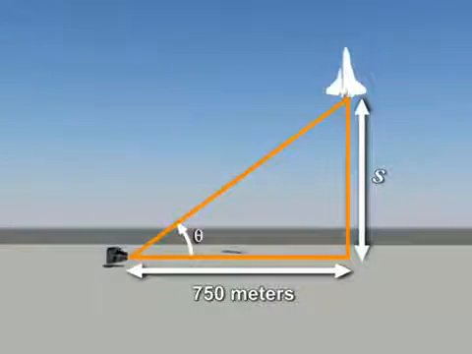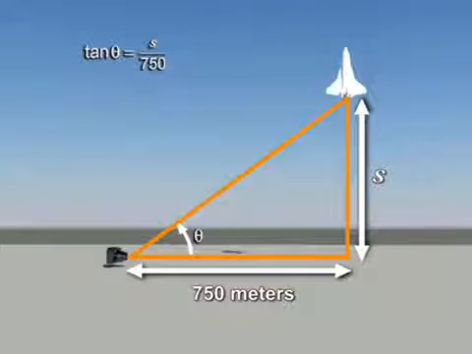So here we go. In the picture, do you see a relationship between theta and S? Well, I do, yeah. Tangent theta is S over 750, isn't it? That's the original definition of tangent, opposite over adjacent.